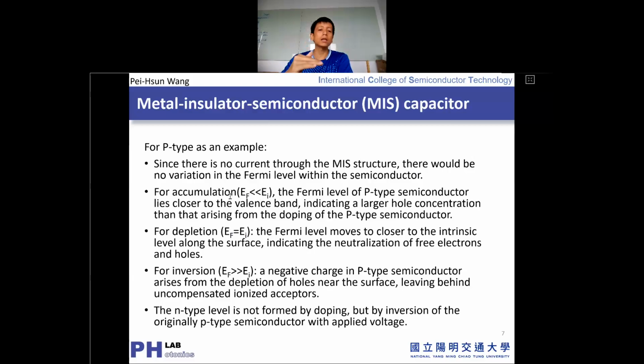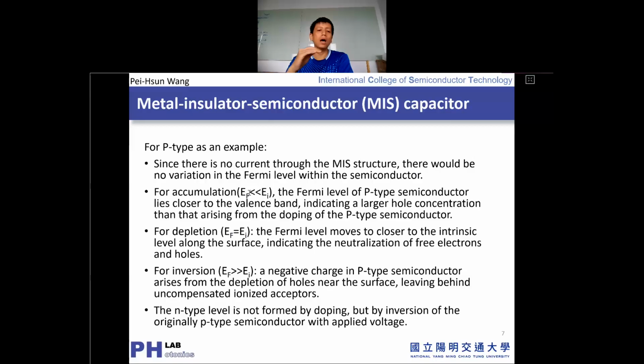So under that constraint, you need to have the Fermi level well below the intrinsic level. That means effectively, we get a higher p-type doping. So you get the Fermi level moving closer to the valence band. And these p-type systems indicate larger hole concentration along the surface and effectively higher doping in the p-type semiconductor.